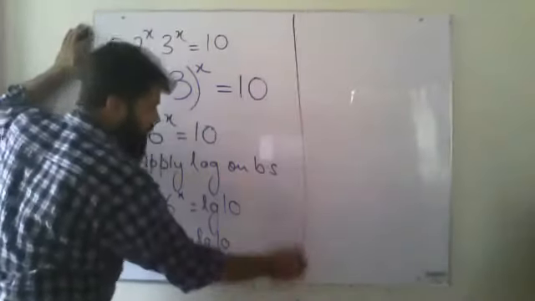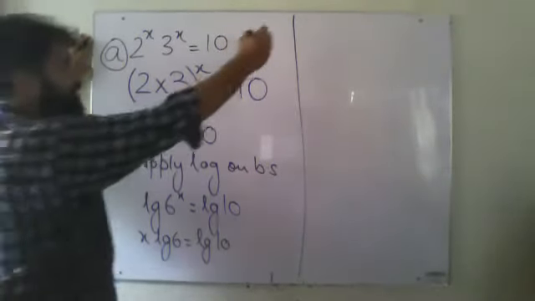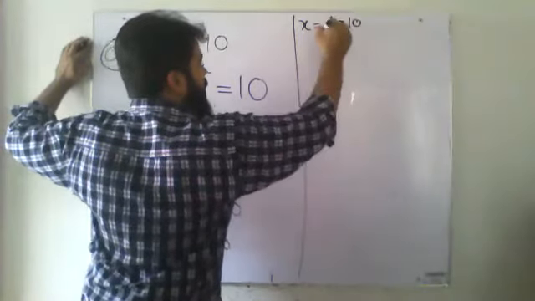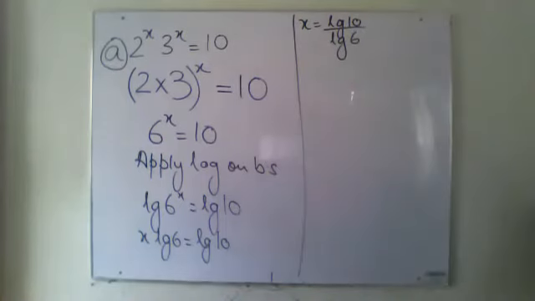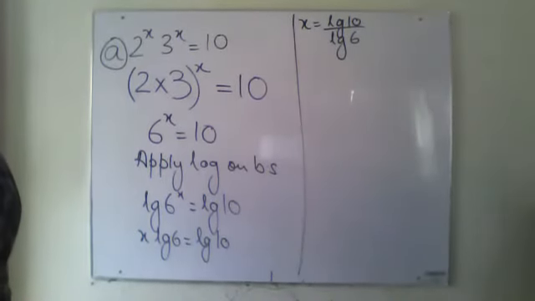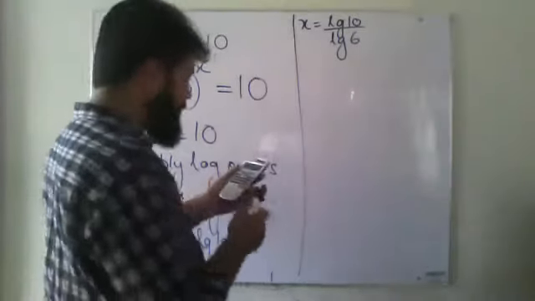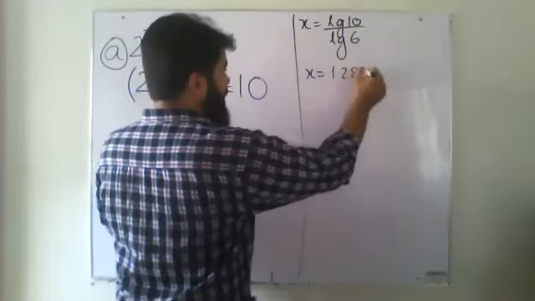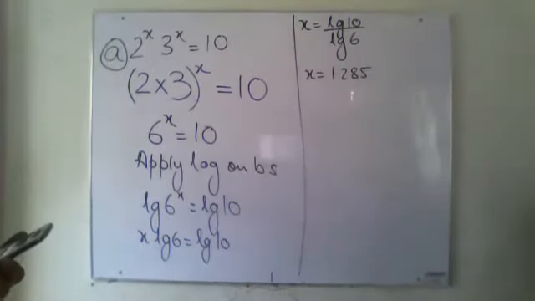After this, these two are in product form, so I transfer it to the other side: x equals lg 10 over lg 6. You will use the calculator and get your answer. When I solved this, the answer of x is coming 1.285. This is my answer to this question.